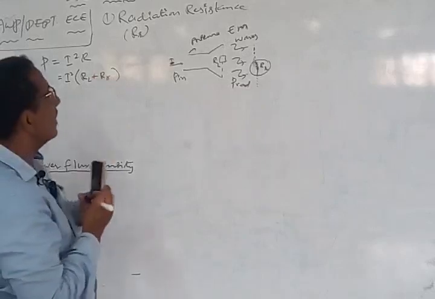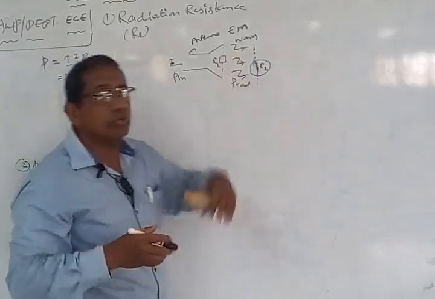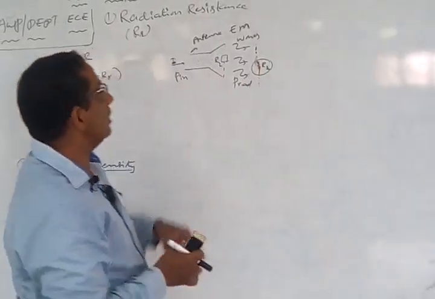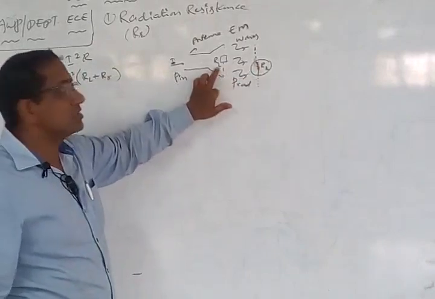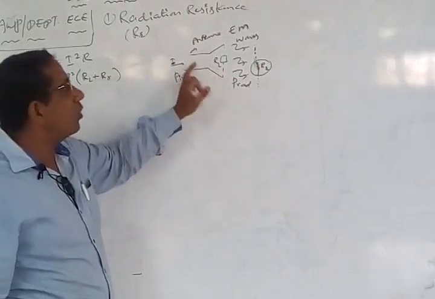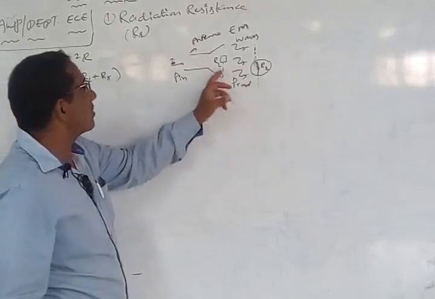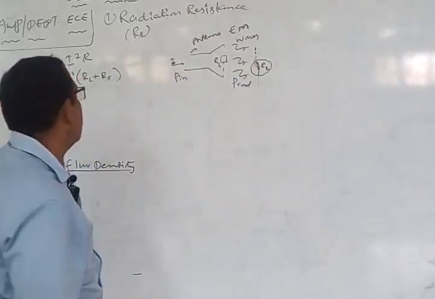What is RL? RL is the load resistance of an antenna, whereas RR is the radiation resistance of an antenna. Radiation resistance is an imaginary component, whereas load resistance is the effective output resistance of an antenna. These two resistances affect the amount of power radiated by the transmitting antenna.